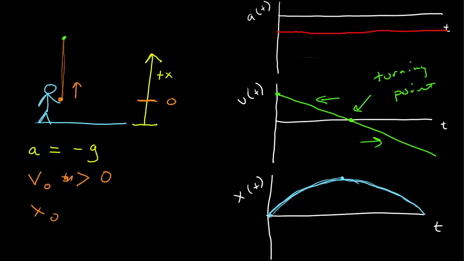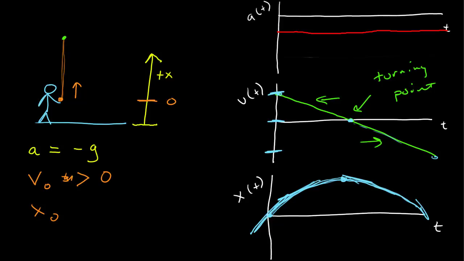At the beginning, the slope is large and positive, corresponding to this value of the velocity, and the slope decreases and this slope goes to 0, which is this value of the velocity. And then the slope turns negative and becomes increasingly negative as the velocity gets more negative as well.